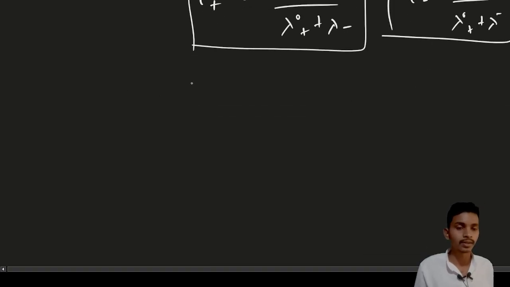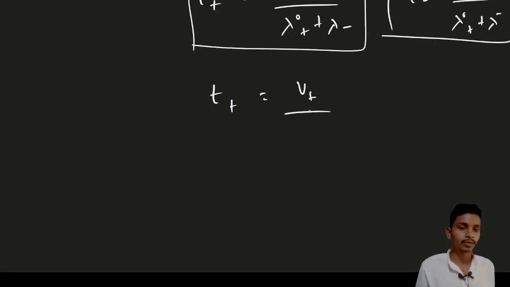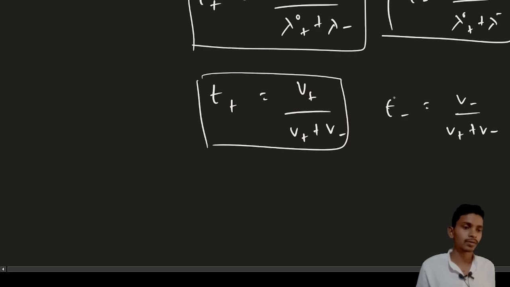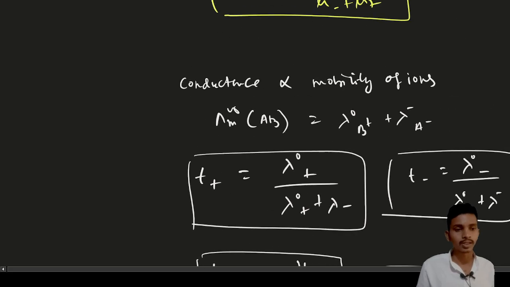Also the relationship with speeds, directly proportional to the speed, so I can write velocity of cations upon velocity of cations plus velocity of anions. These are the whole relationships with respect to transport numbers.